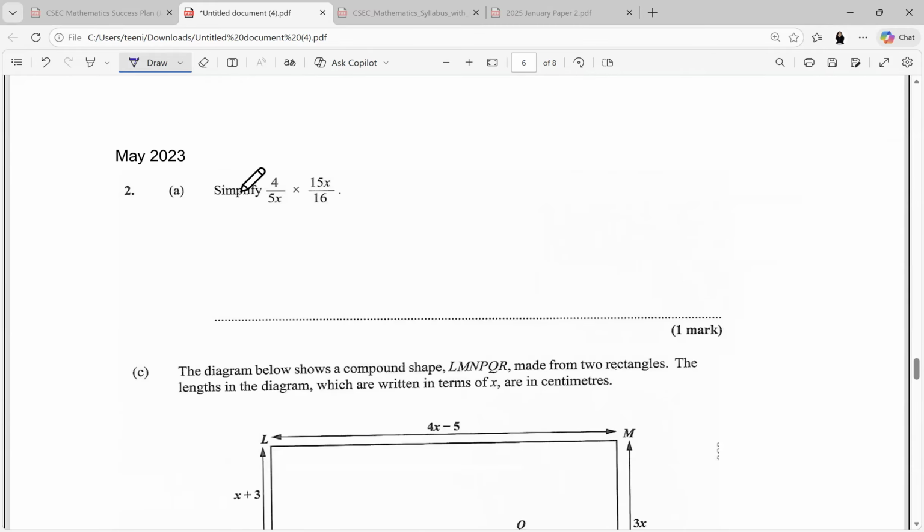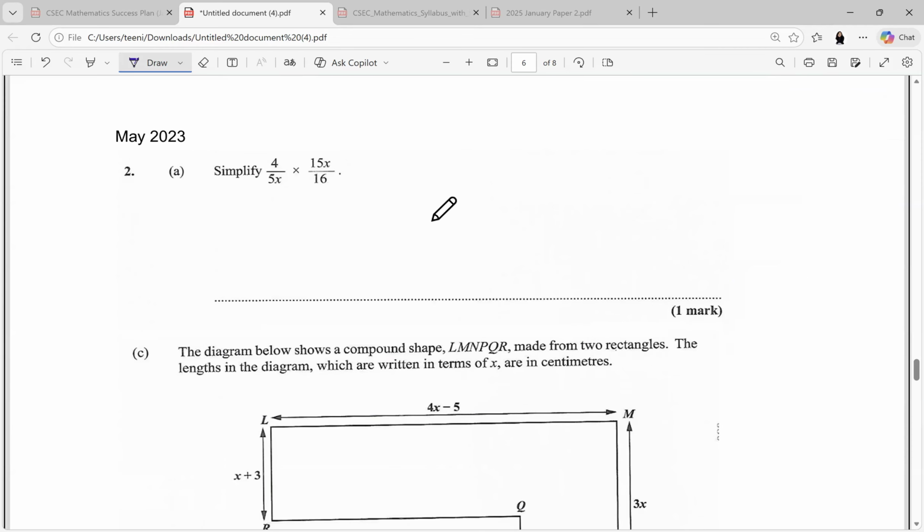Let's look at this one. A, simplify 4 over 5x times 15x over 16. Just like with regular fractions, I'm just going to write it over bigger. 4 over 5x times 15x over 16.